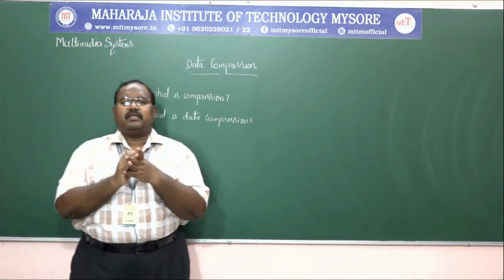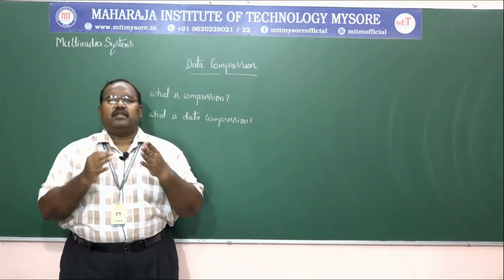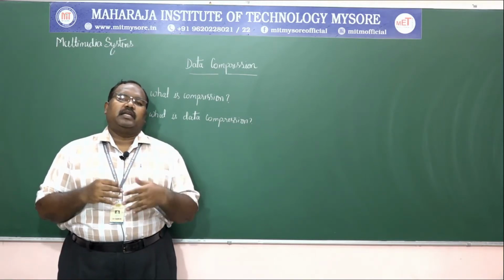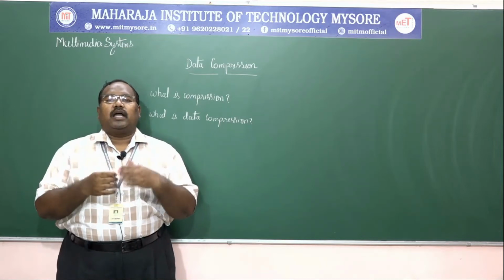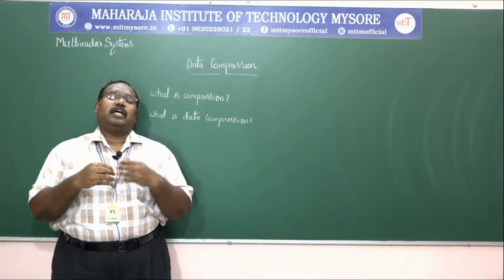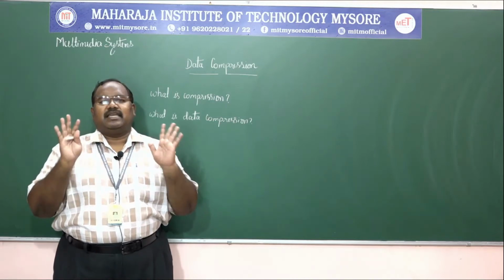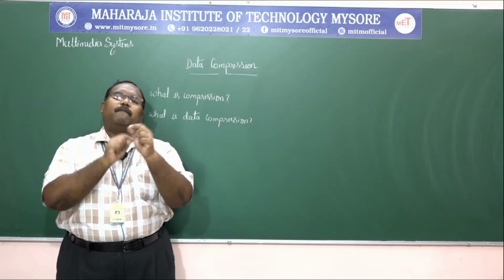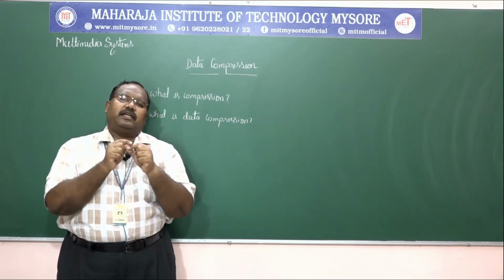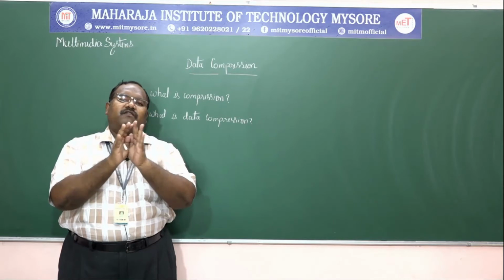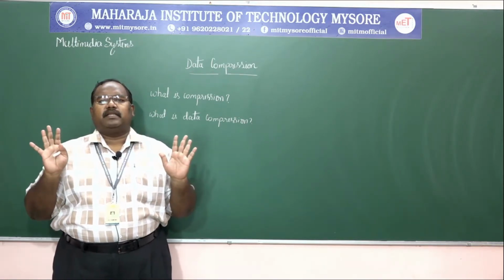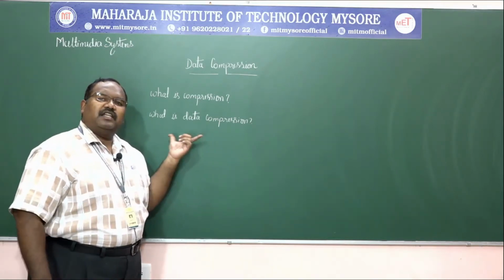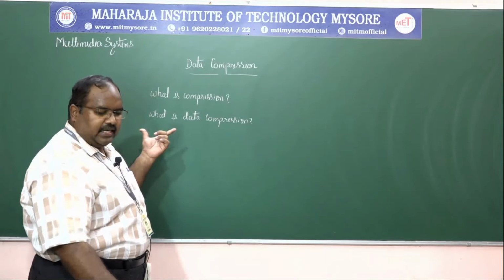When we want a standard definition, it goes like this: data compression is a process of encoding, reconstructing or otherwise modifying the data in order to reduce the size. That's it. In simple words, encoding data, reconstructing it or modifying it to reduce the size of the file is said to be a compression method. So compressing data in order to reduce the file size is data compression.